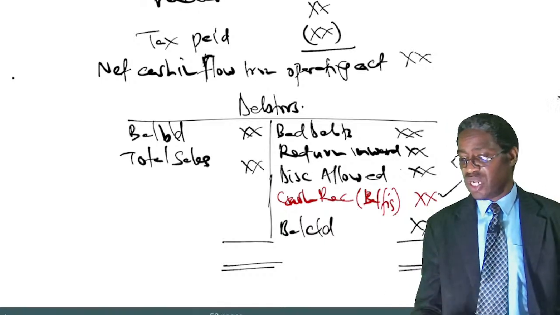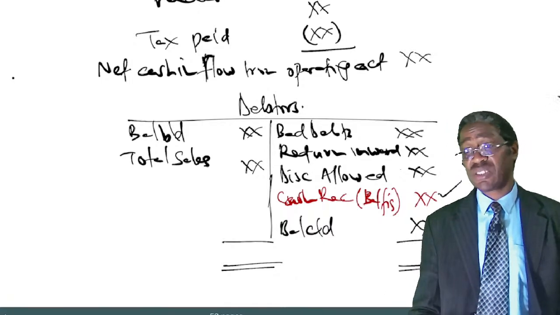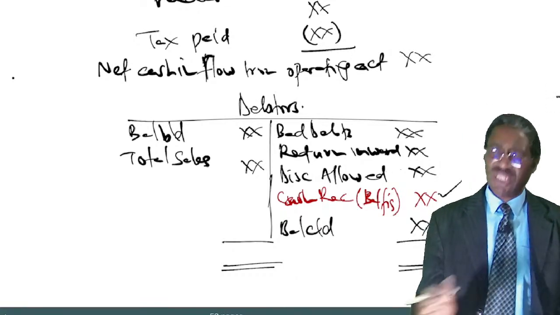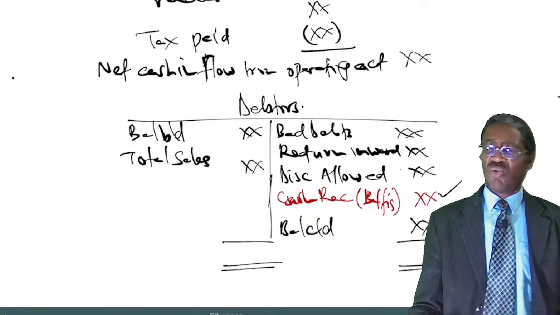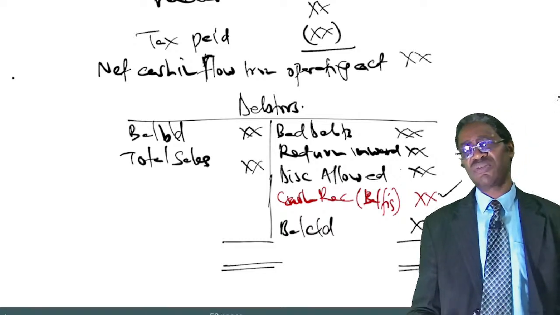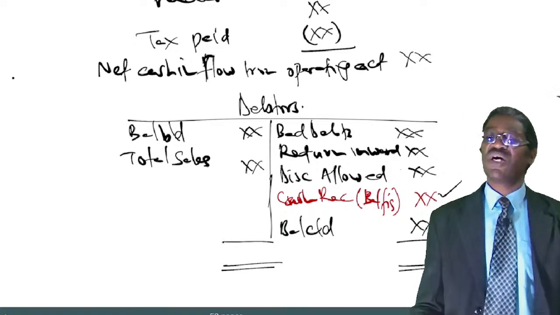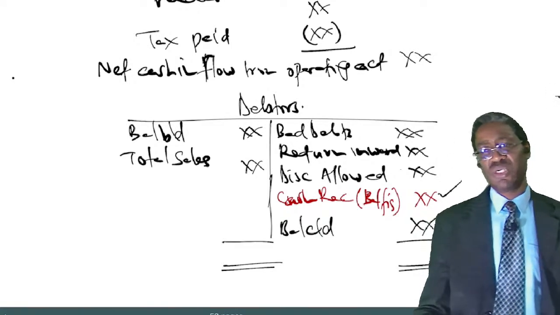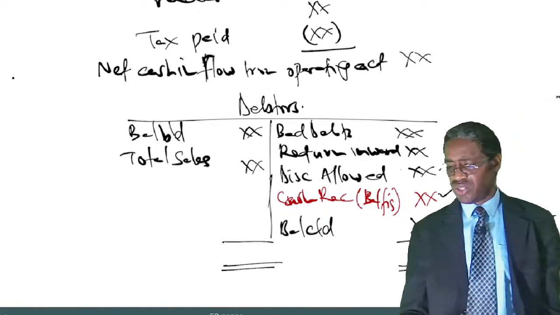I've given a few examples like bad debts, return inwards, discount allowed. Then you carry down the balance. Once you carry down the balance by the end of the year, you will get the balancing figure to represent the cash received from customers. Good.